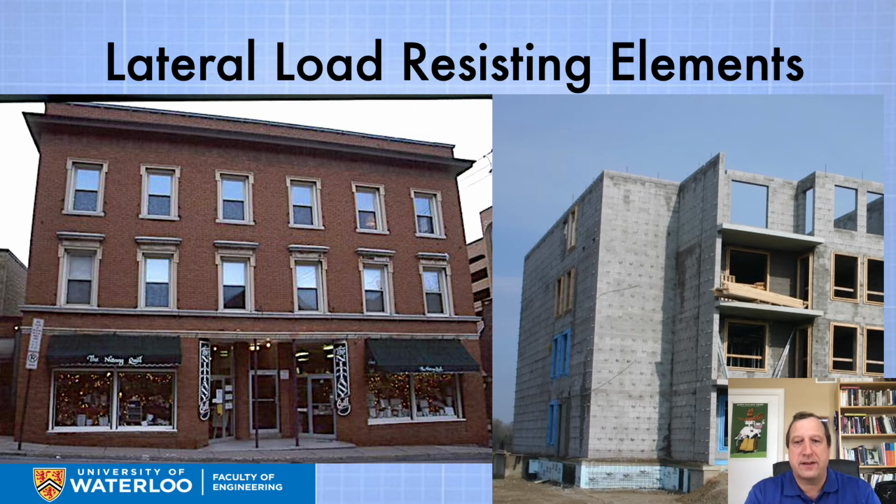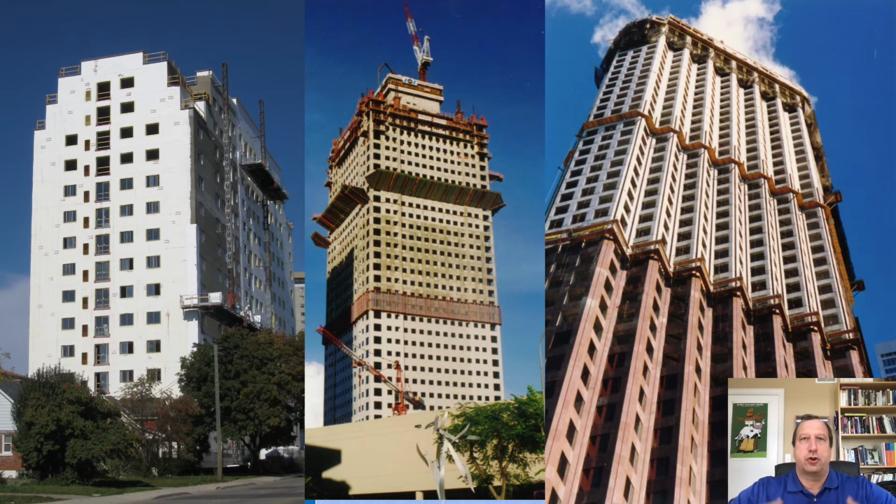On the right-hand side, we see a local, relatively recent concrete masonry unit building. And you can see that there's enough length of that concrete masonry unit that is pretty solid, going in one direction at least, to be quite a good shear wall resisting element. Now, we might choose to use a solid shear wall in one direction and not a solid wall in the other direction.